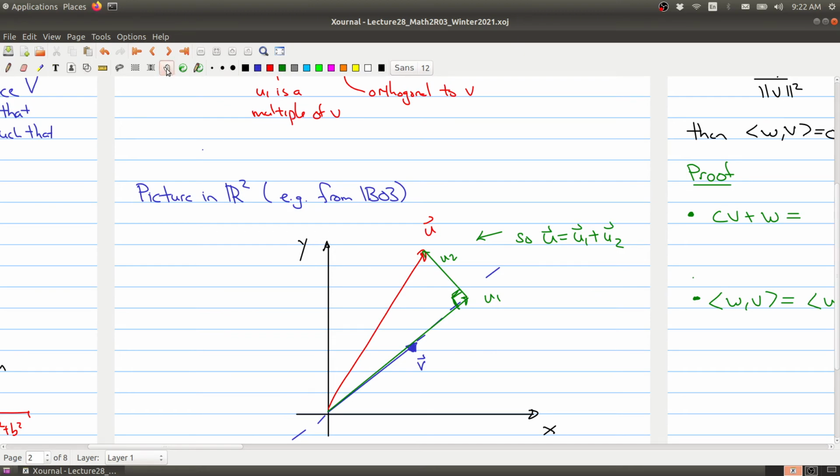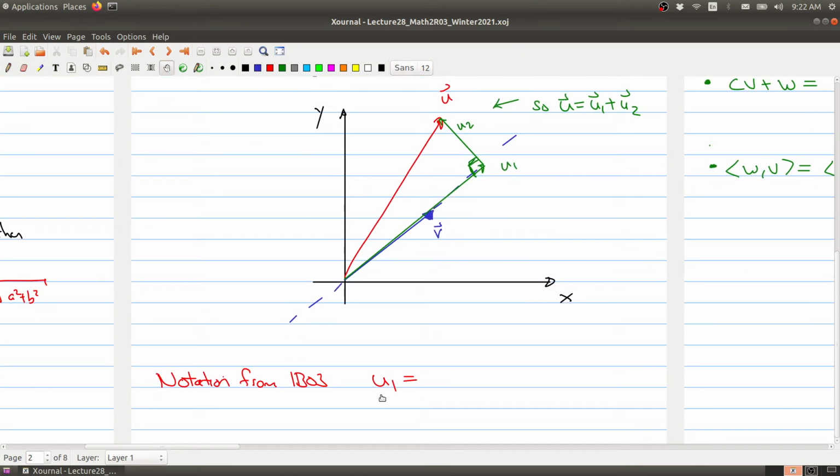In Math 1B03, the notation that we used was that u1 is the projection of the vector u onto the line spanned by v. You might have seen the notation slightly different, but that's what we were doing. So u1 projects down onto the space spanned by the vector v.